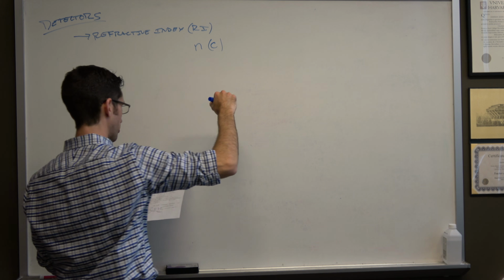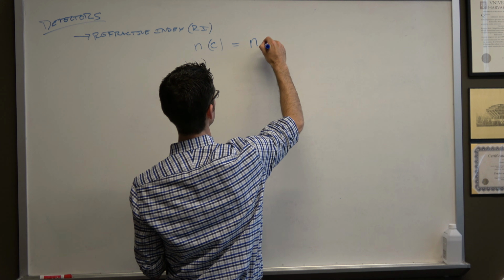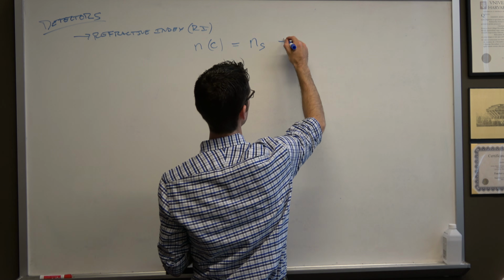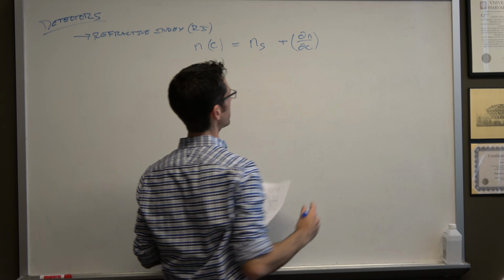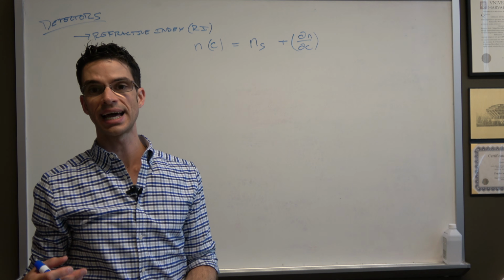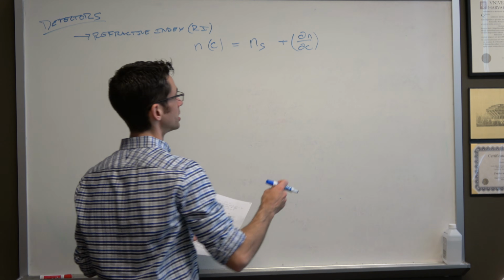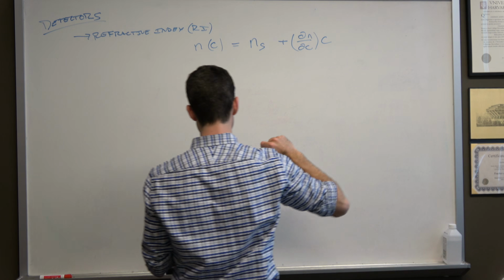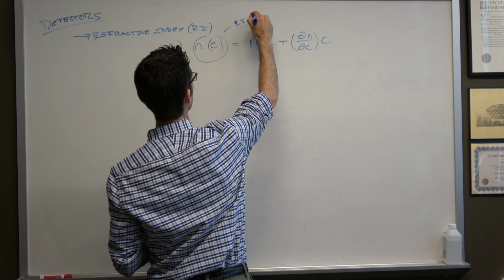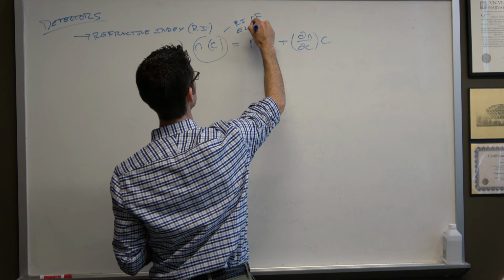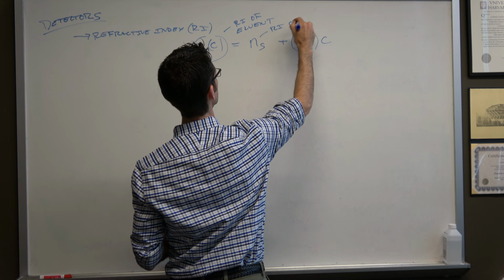a law where the refractive index as a function of concentration equals the refractive index of the solvent plus dN/dC, which is the rate of change of the refractive index as a function of concentration, which will be different depending on each analyte, times the concentration. So this is the RI of the eluent. This is the RI of the solvent.